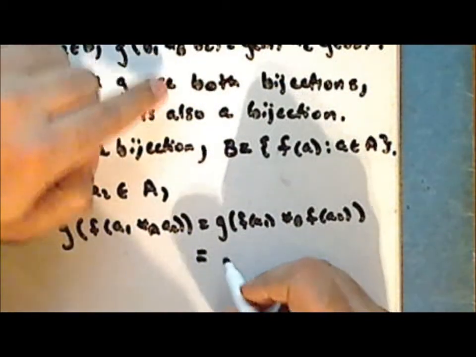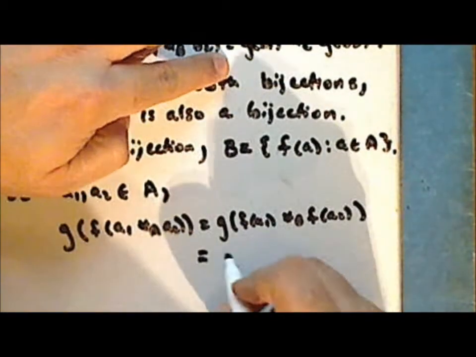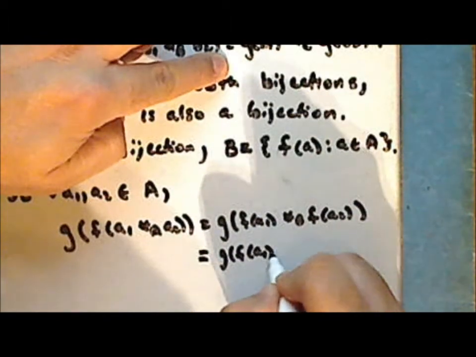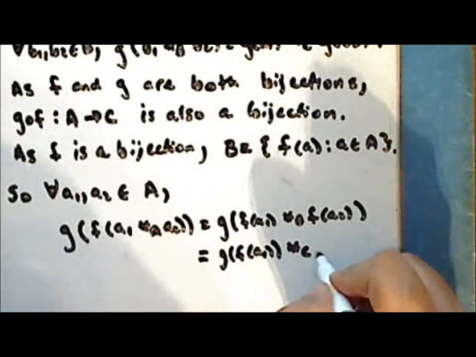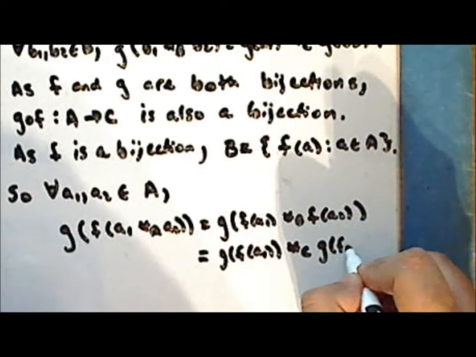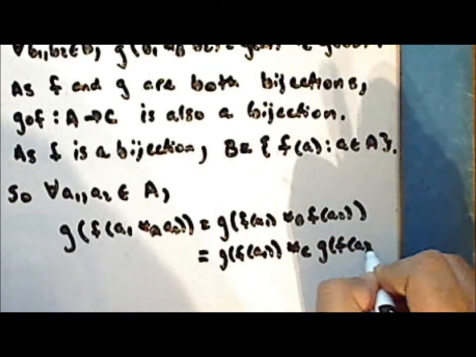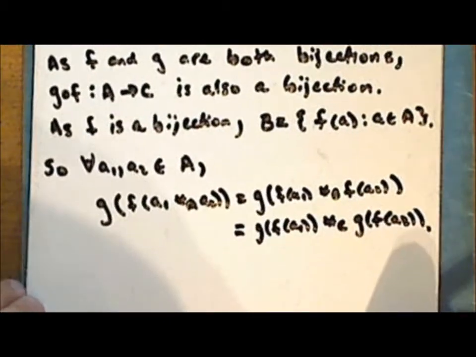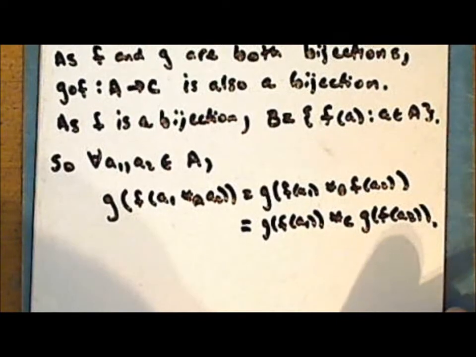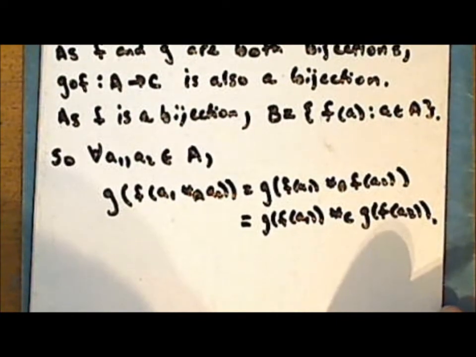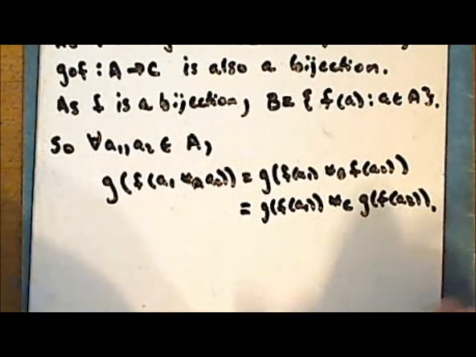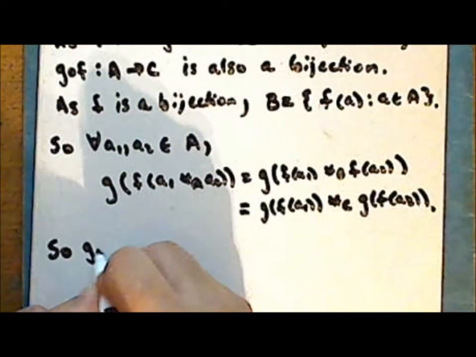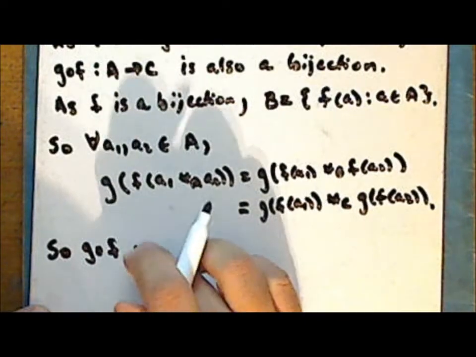and this gives us G of f of a sub 1 star sub c G of f of a sub 2. And so the composition is both a bijection and a homomorphism. And so the composition is an isomorphism.